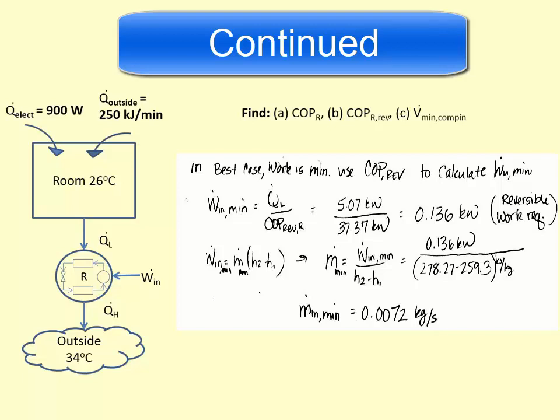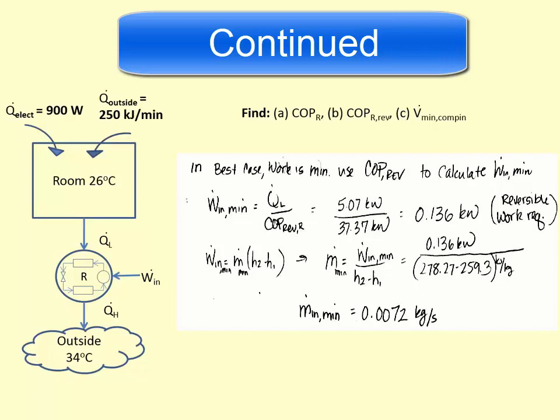And in order to do that, we would need to have our fluid flowing into the compressor at a certain volumetric flow rate. So then we go back to this equation and we calculate the mass flow rate if it were reversible work instead. So the mass flow rate is going to be, for the reversible case, the work reversible divided by h2 minus h1. So remember, again, these inlet and outlet conditions aren't changing. It's still same temperature, same pressure.